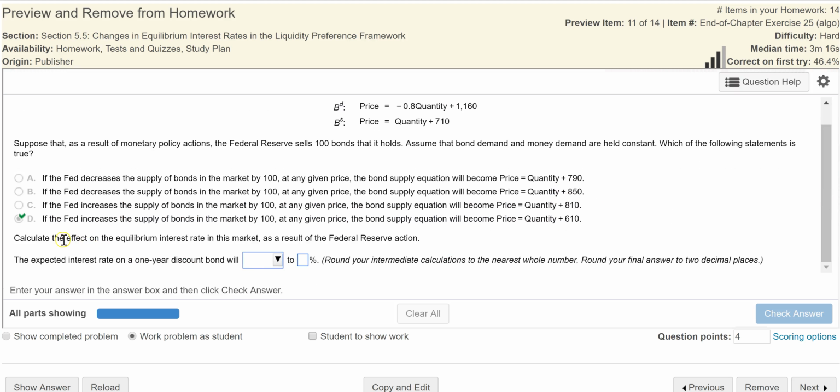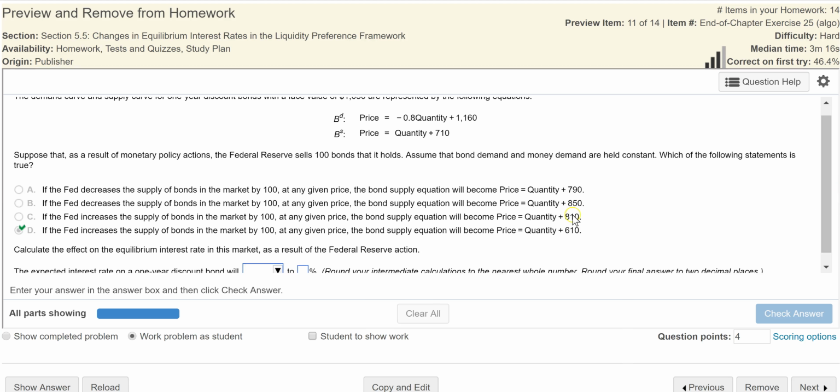So then go on, calculate the effect on the equilibrium interest rate in this market as a result of the Federal Reserve action. In order to know the effect on the equilibrium interest rate in the market, we have to know the original equilibrium interest rate and the new equilibrium interest rate.